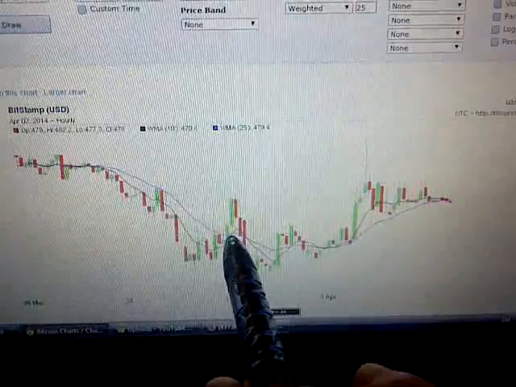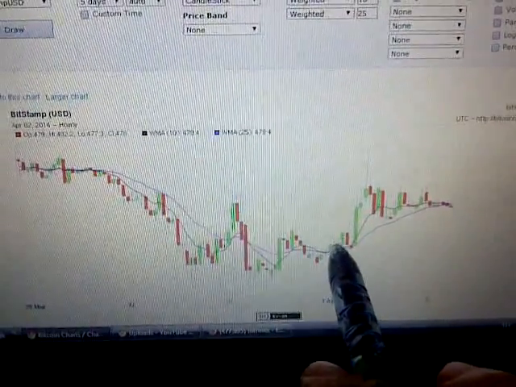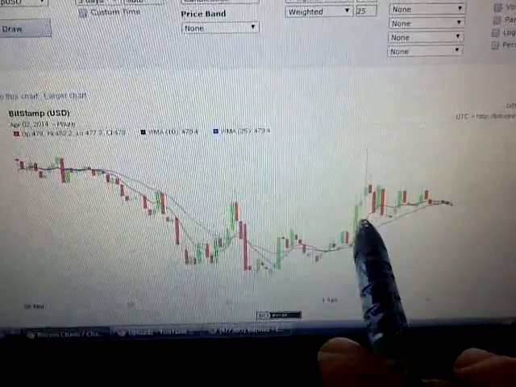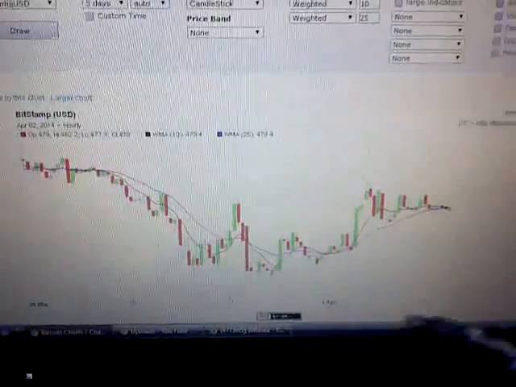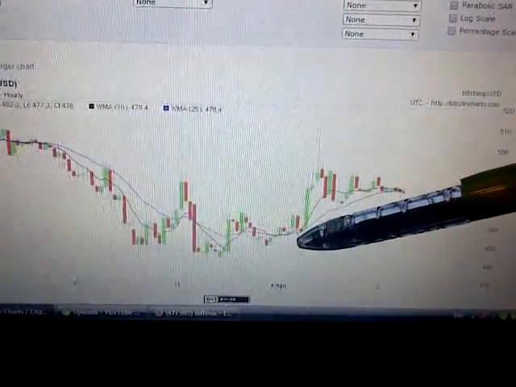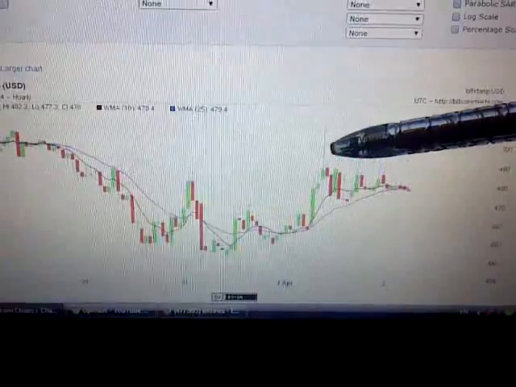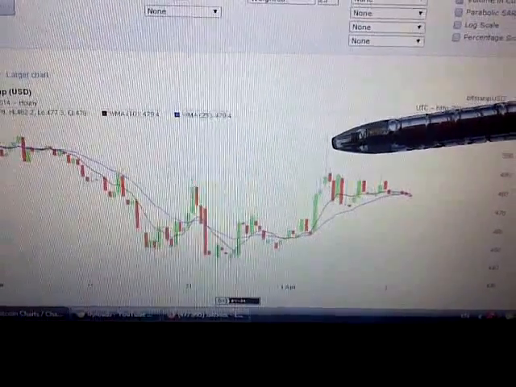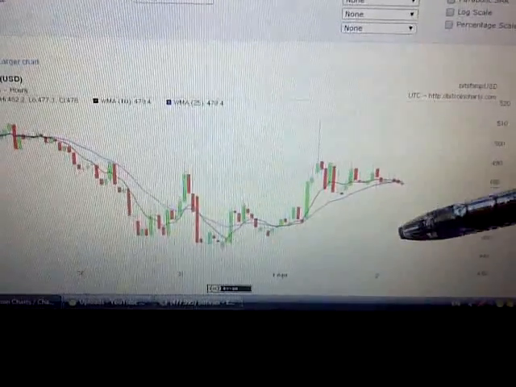It goes up and goes down, goes up and goes down, and then you see it go up and stay above it and make a nice little push, which it actually did. This time frame would have been a really good time to buy. And if you set your stops or your limits, you made some good money.